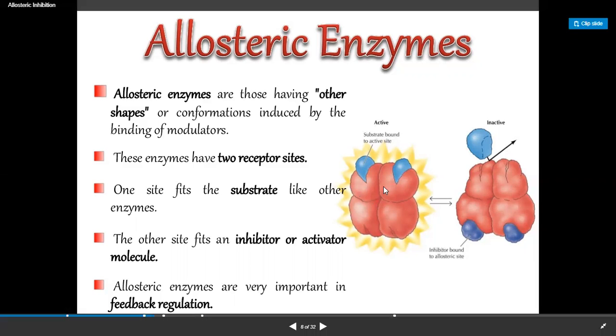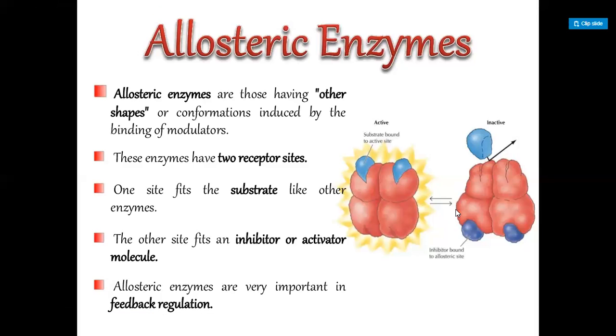In other enzymes there is always a single site for the substrate, but in the allosteric enzyme there are two sites. One site is for substrate binding, and the other site is for the inhibitor or activator modulator.